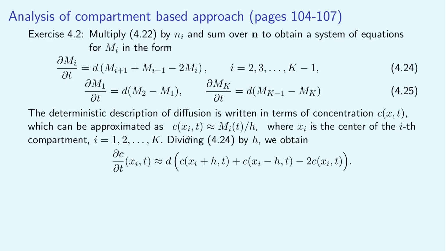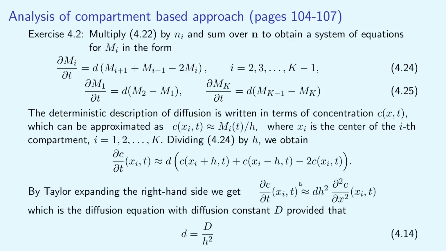However, other than that, there was so far no approximation in our analysis of the compartment-based model. For example, equations 424 for the mean m_i provide an exact description of the time evolution of the averages. Dividing equations 424 by the compartment size h, we obtain the equivalent equations for concentration C at each point x_i.